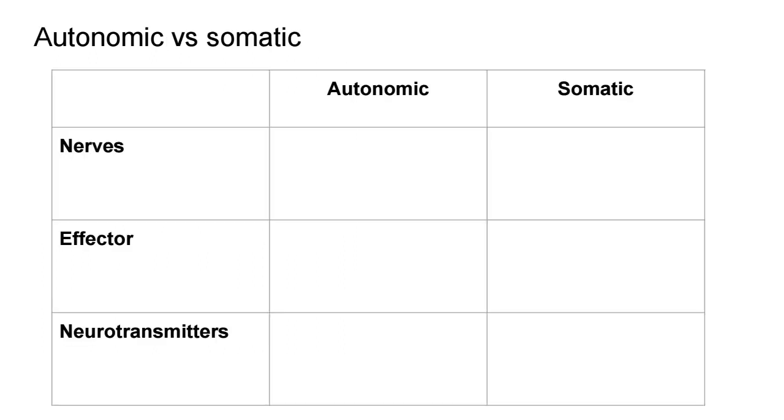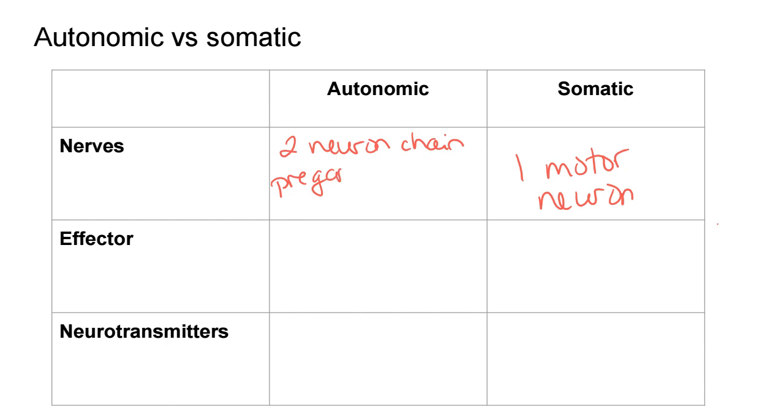So let's do a quick comparison between our autonomics and our somatic nervous system. Our somatic nervous system is only going to have one motor neuron, whereas our autonomics is going to consist of basically a 2-neuron chain. And so it's going to have what we call a pre-ganglionic neuron and a post-ganglionic neuron.